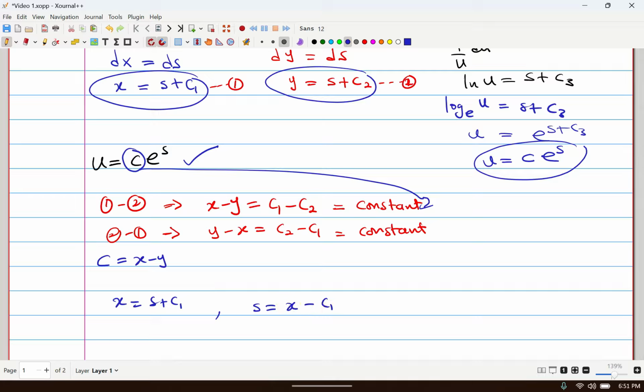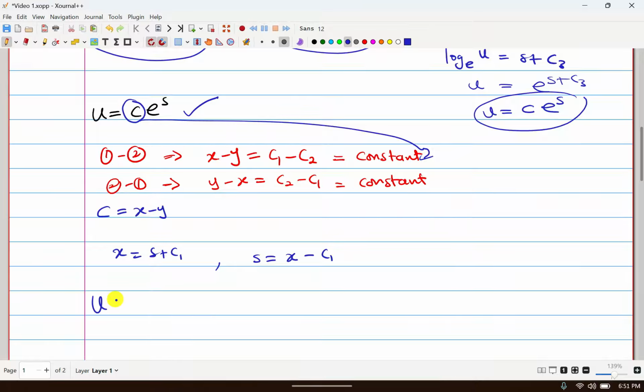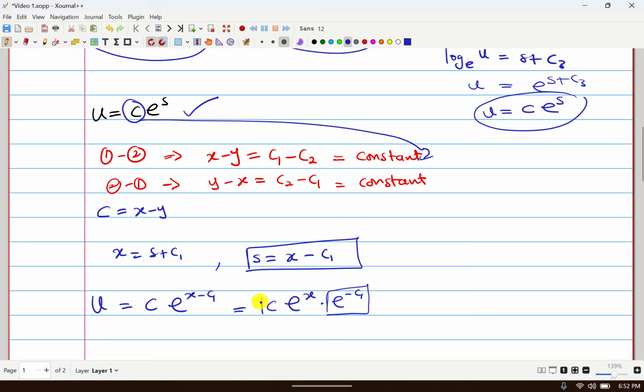So this c1 is a constant, right? So what it means is my u is equal to c times e to the s, but s here is x minus c1. This is equal to c times e to the x times e to the negative c1. E to the negative c1 is a constant, and this capital C here is also a constant. When I multiply them, I still have a constant.